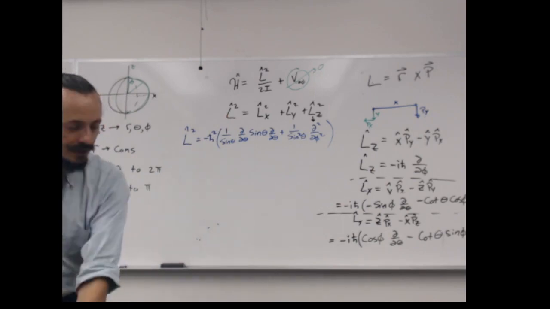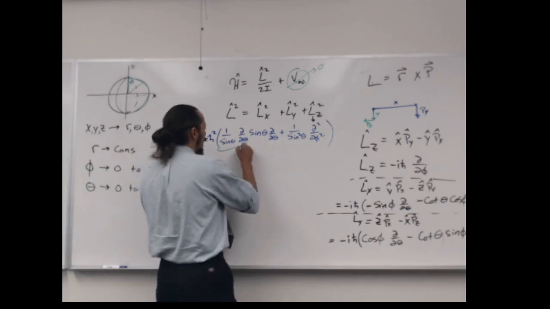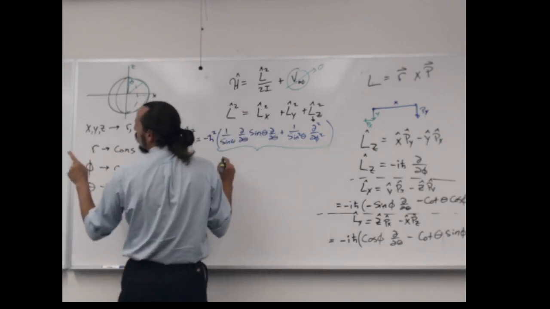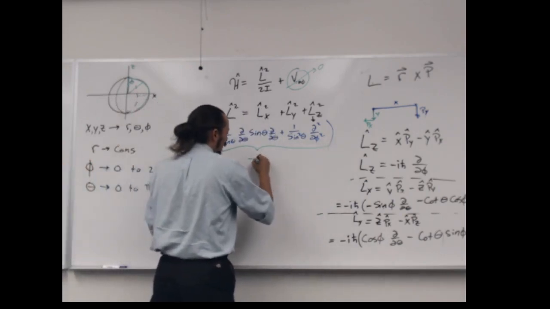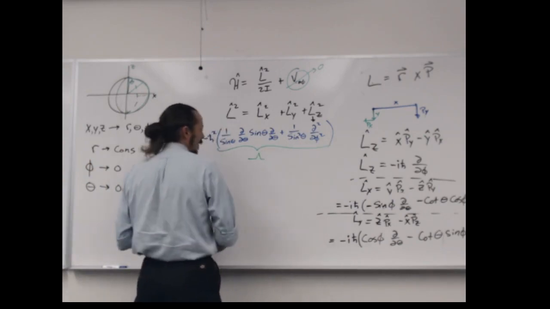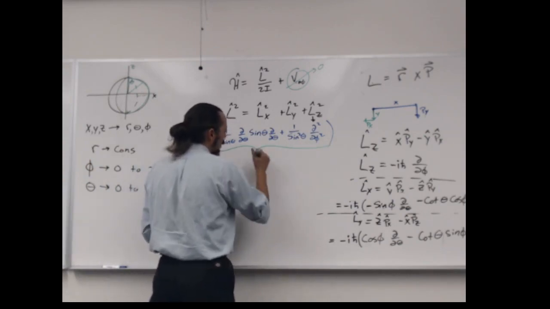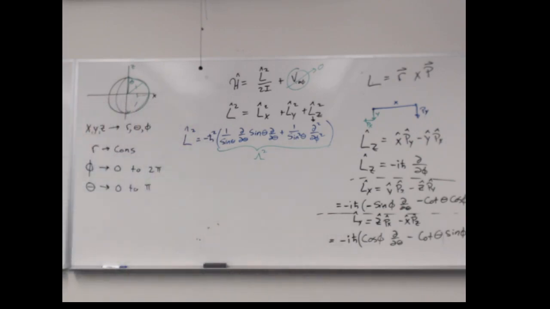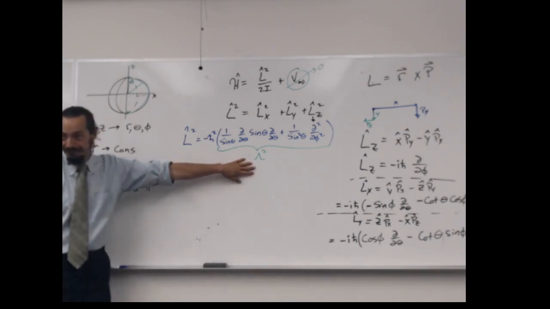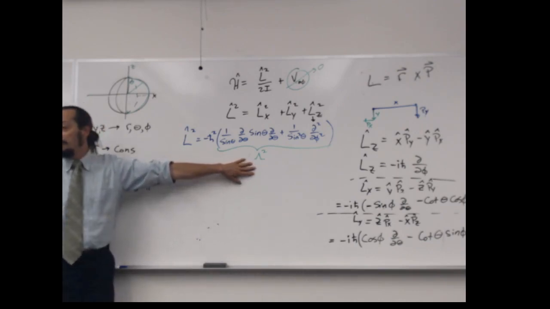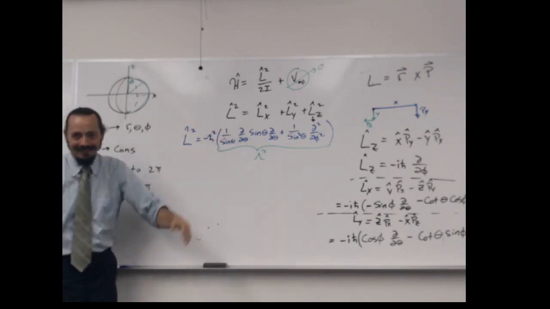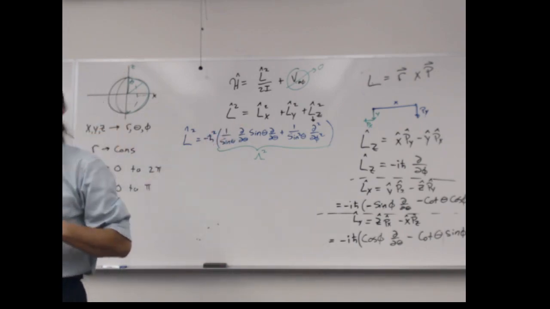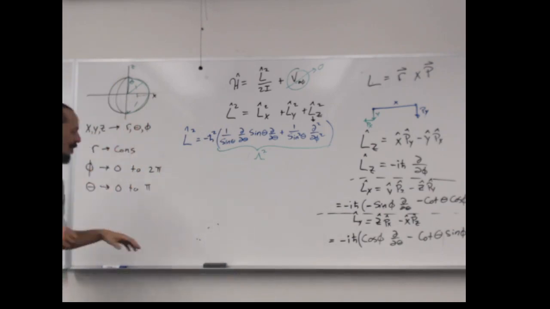This whole chunk in here gets this funny symbol because people just get tired of writing it down over and over again. And this is called the Legendrian. The solutions to it are the Legendre polynomials. Old French mathematician, right? That's why it's got that name.